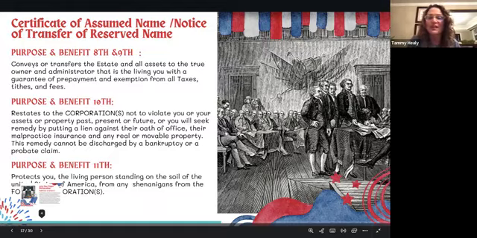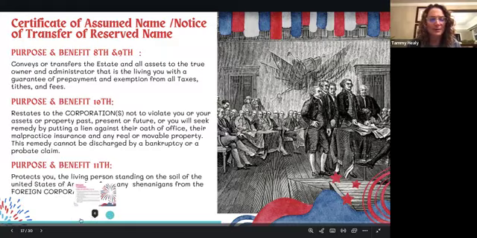So this is the benefit of doing a lien process. And I want to make that very clear, that when we lien a man or one of these corporations, this is our remedy. This is like us suing them, because this is like malpractice against their oath of office.